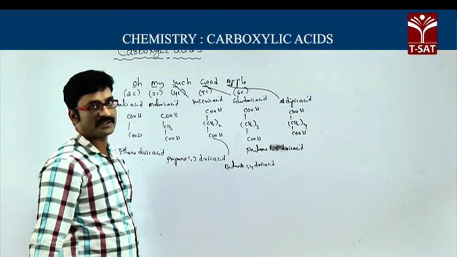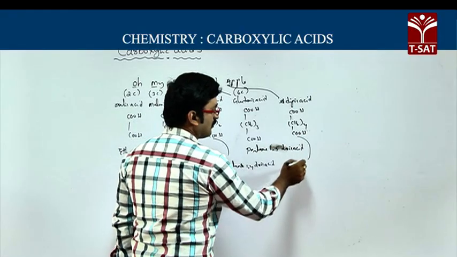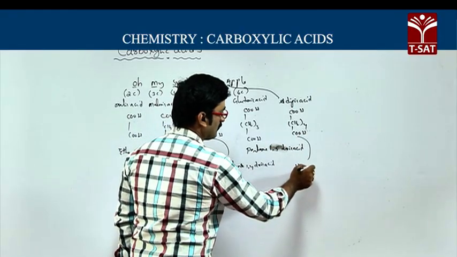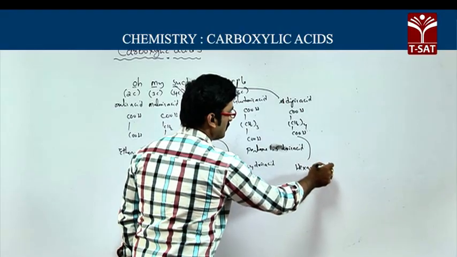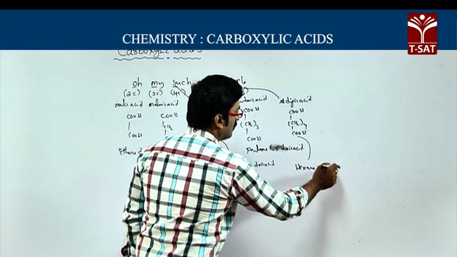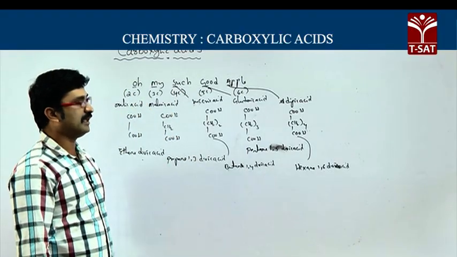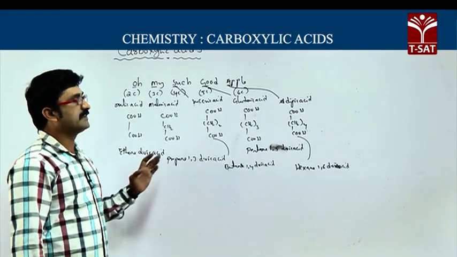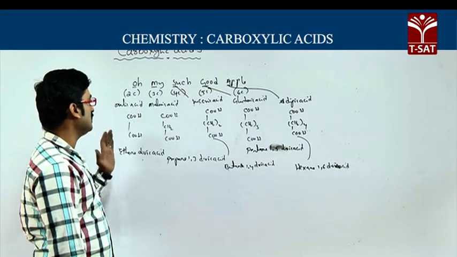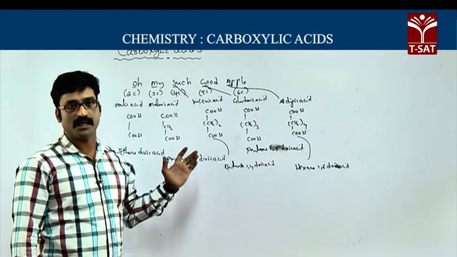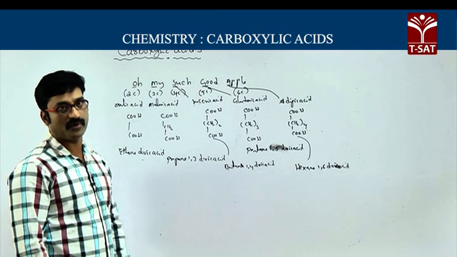Total 6 carbons are there. So the IUPAC name of this compound is hexane 1,6 dioic acid. These are the examples of dicarboxylic acids, the carboxylic acids which contain 2 COOH groups.